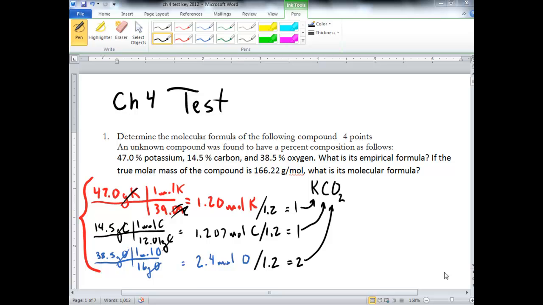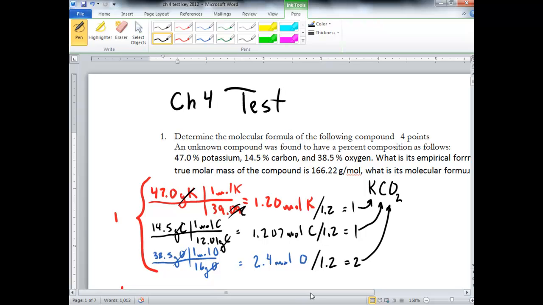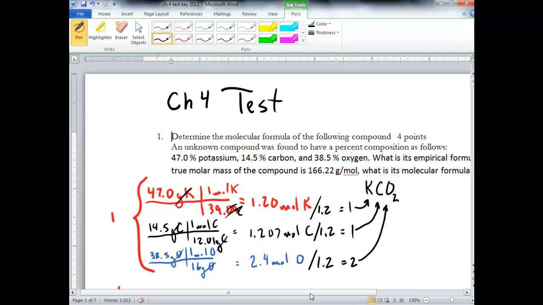Here we are looking at the key to the Chapter 4 test. And so question number 1, you should look at that and say, an empirical and molecular formula problem.